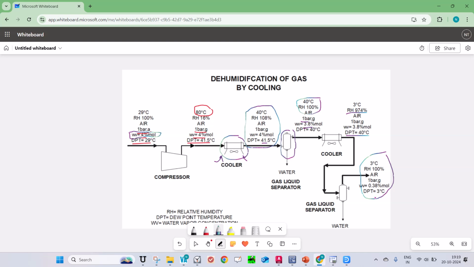So this is more of an overview of how we can make use of the increase in pressure, and the resulting increase in dew point temperature, in our favor to do the moisture removal with ambient air. And if we are not in a position to increase the pressure, then we can use a refrigerant or chilled glycol to do the cooling and remove the moisture.